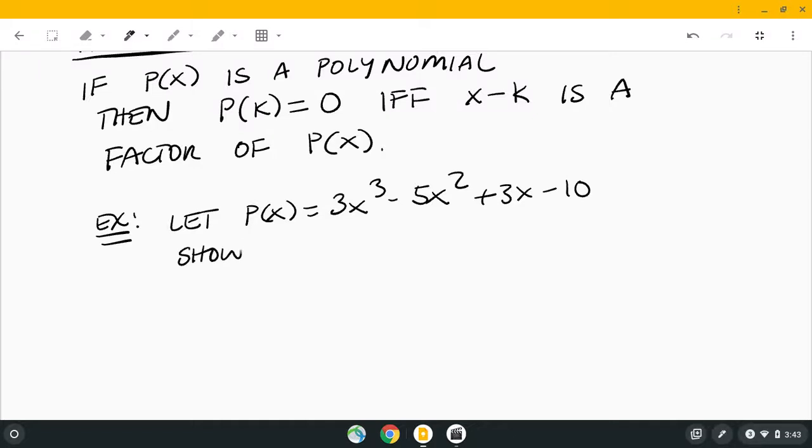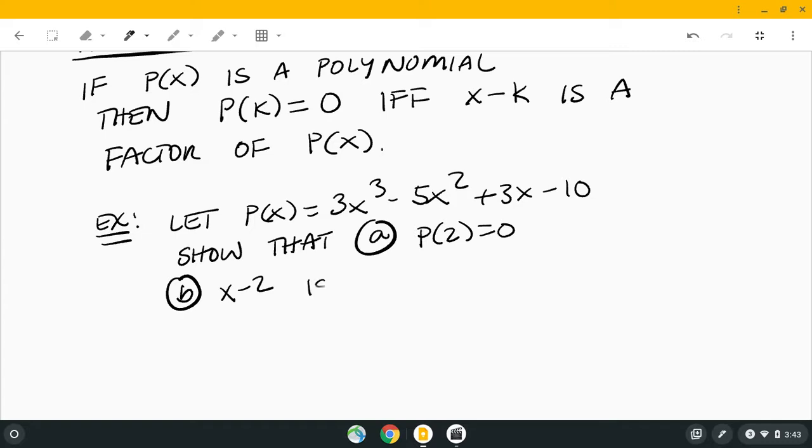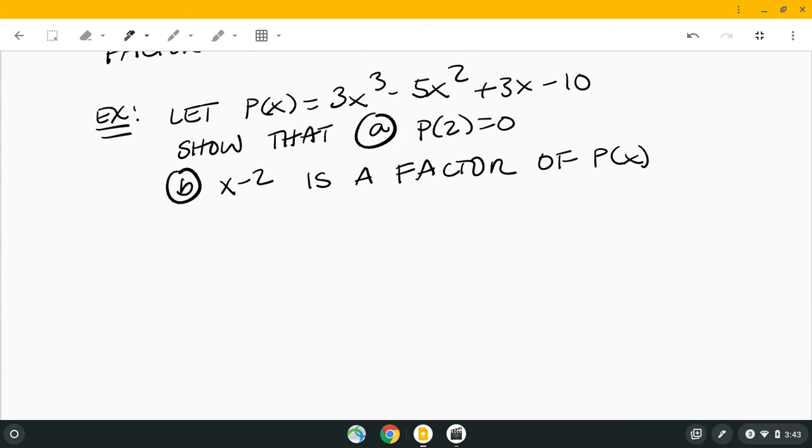Show that a, p of 2 equals 0, and then also show that b, x minus 2 is a factor of p of x.